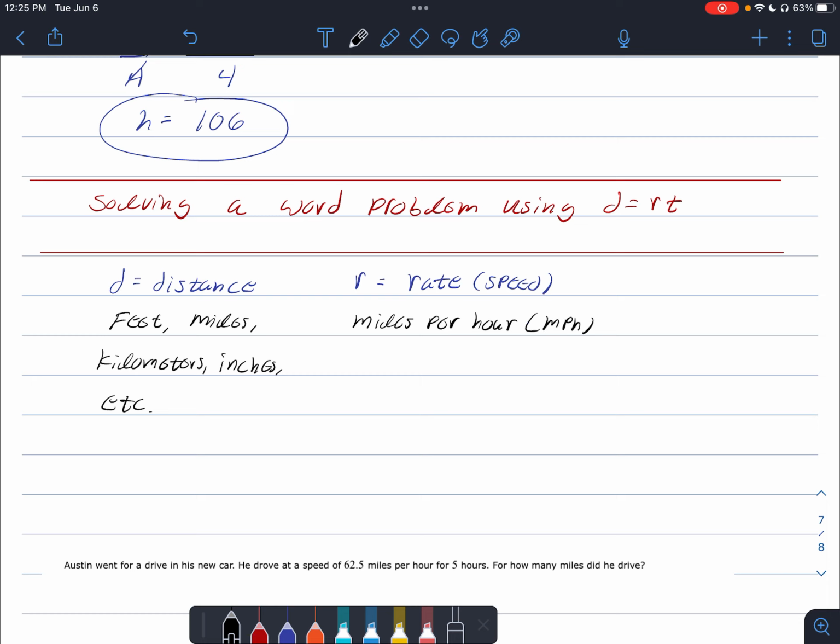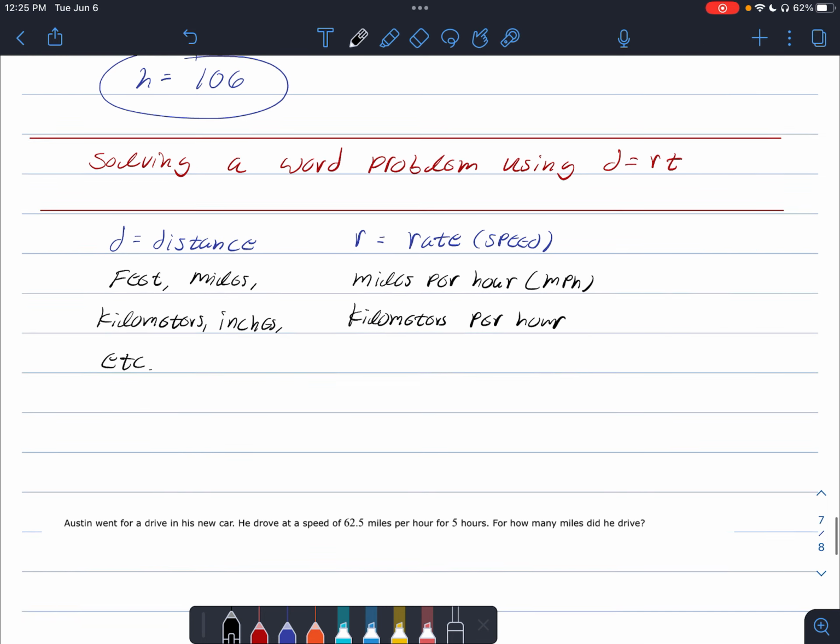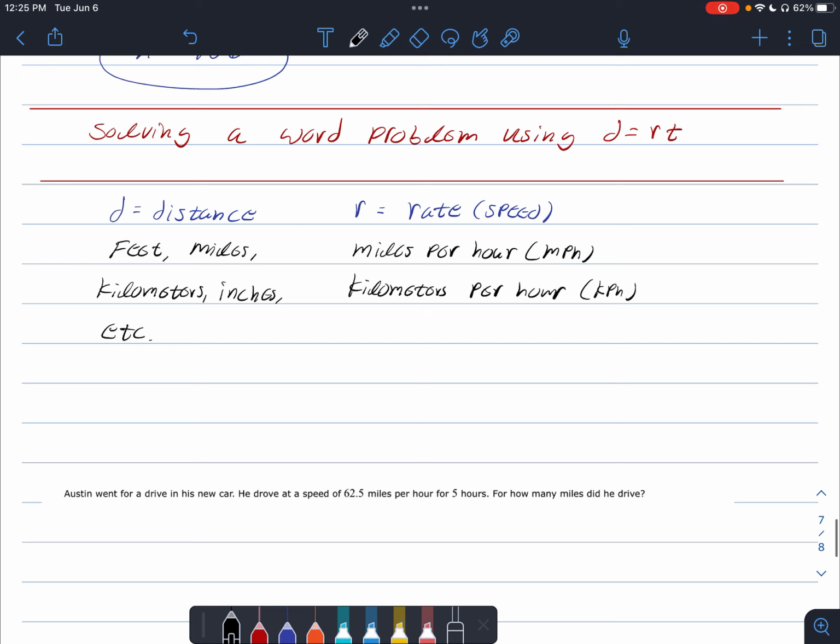You might have it in kilometers per hour, or kph. You might have it in feet per second. You get the idea.